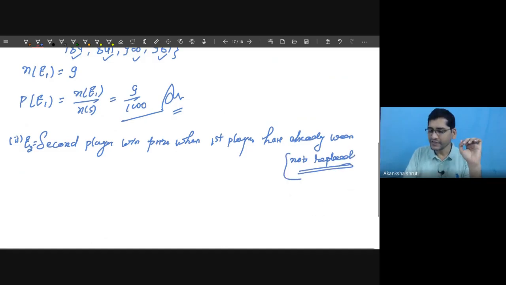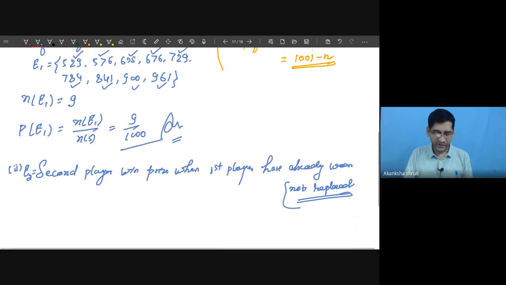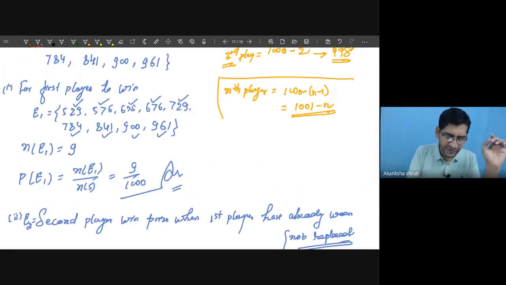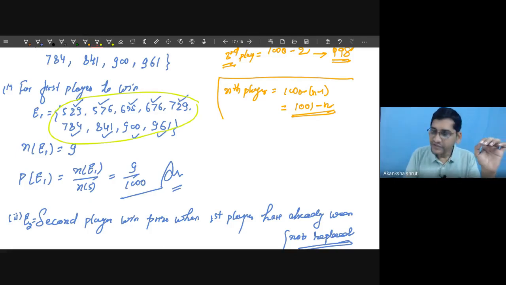So while not replaced, here we can understand the first player might have drawn one of these cards from their event. For a moment we may consider, say, this card he had taken out. So the first person has won it.